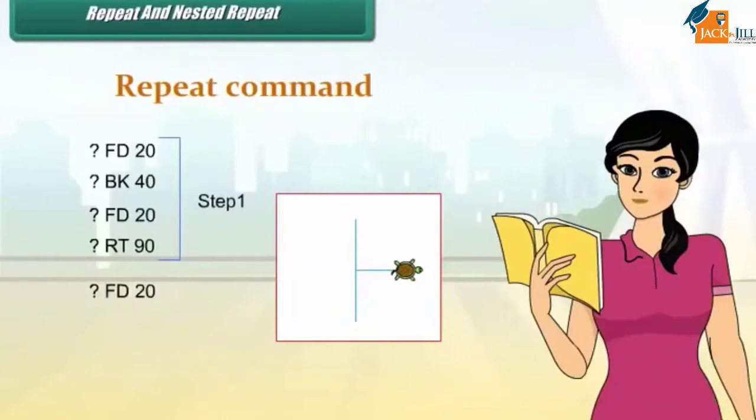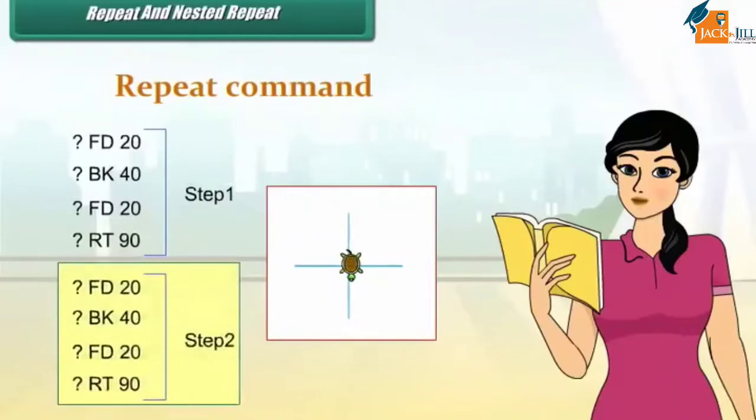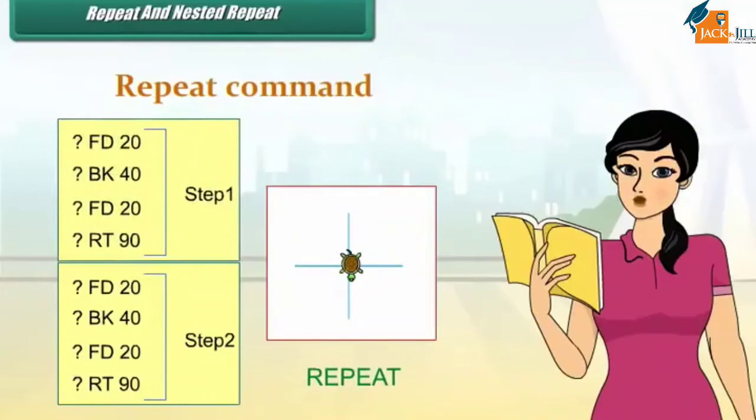FD 20, BK 40, FD 20, RT 90. We find that the last 4 commands in step 2 are the repetition of the first 4 commands in step 1. In many figures, there is a need to repeat a set of primitives.